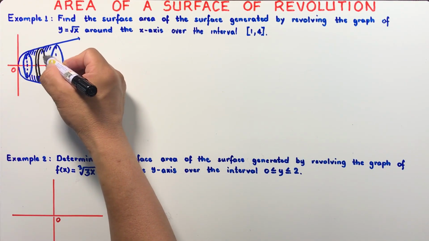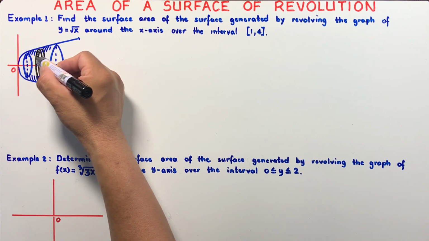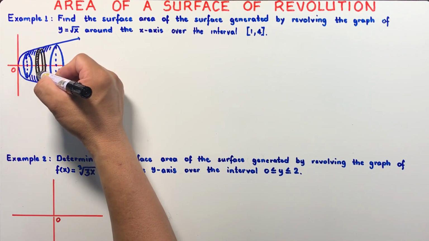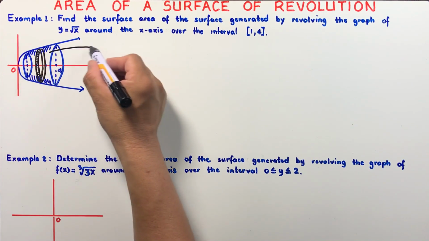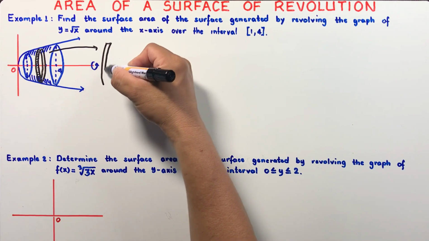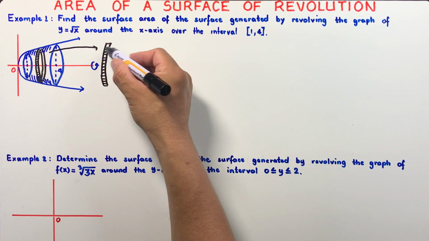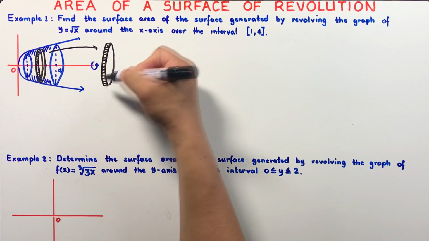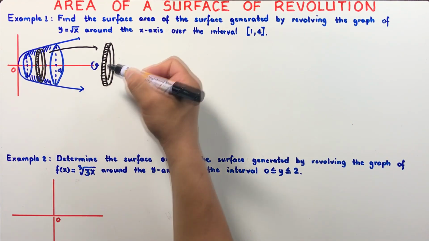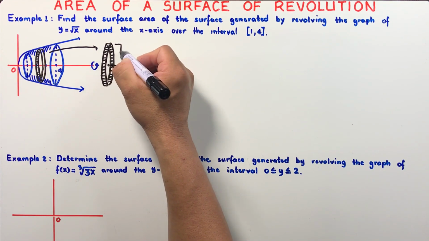And suppose this is one of the slices that we can take from this surface of revolution. If we take this out here so that you can have a good picture, you can have this incremental slice in this drawing and determine the radius of this ring.